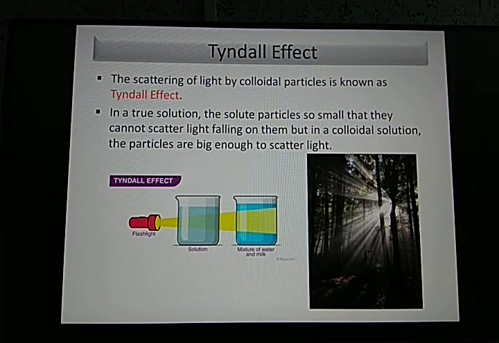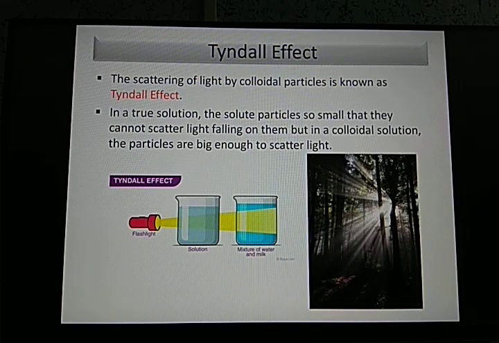Also, during mist, there are tiny droplets in the air. Mist is nothing but tiny droplets in the air, and they also can scatter the beam of light. Or say smoke, when there is smoke in the air, it also scatters the beam of light. Clear?